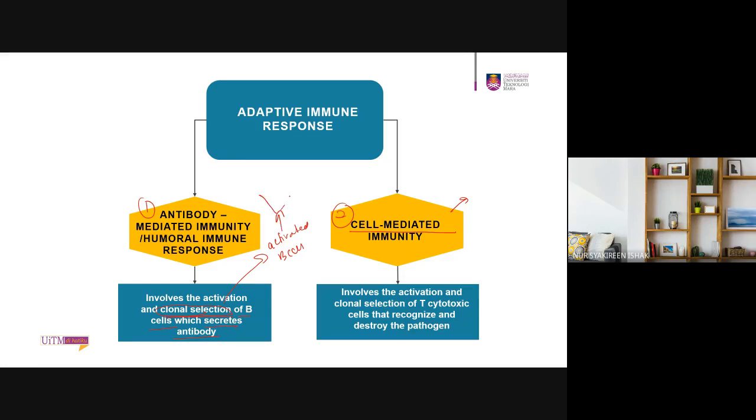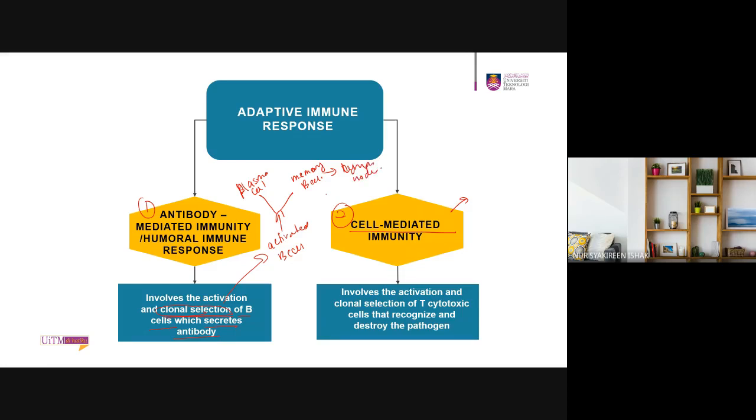Clonal selection maksudnya akan ada dua koloni yang terhasil. The first one is activated B cell, we call it the plasma cell. The other one is the memory B cell lah. Memory B cell will be stored in the lymph nodes.